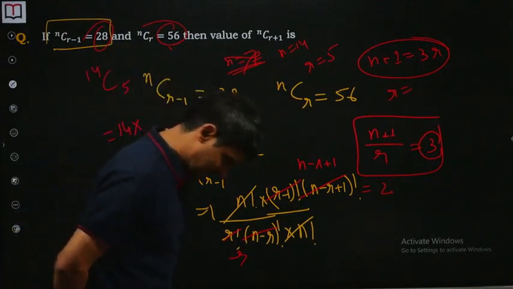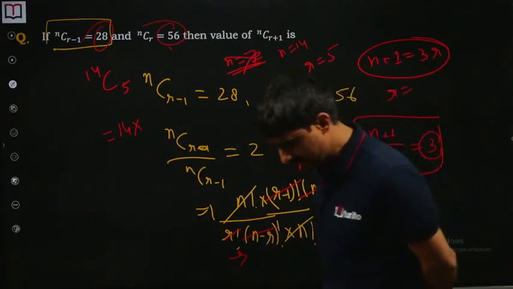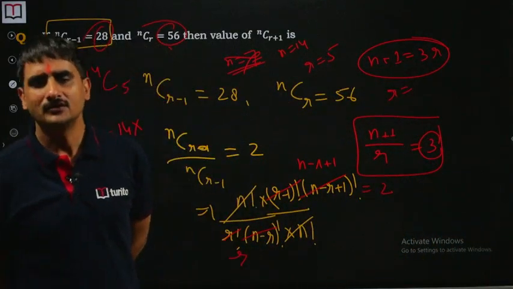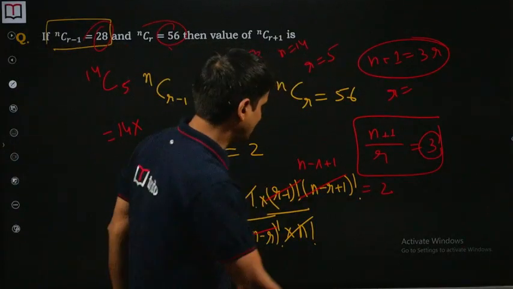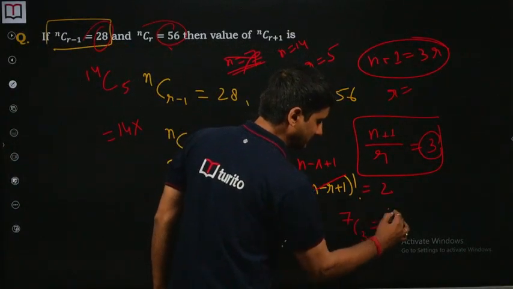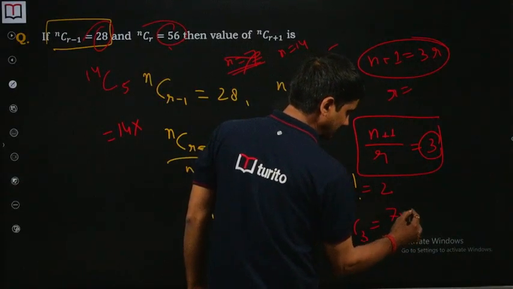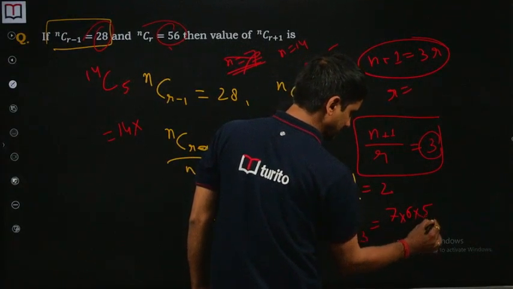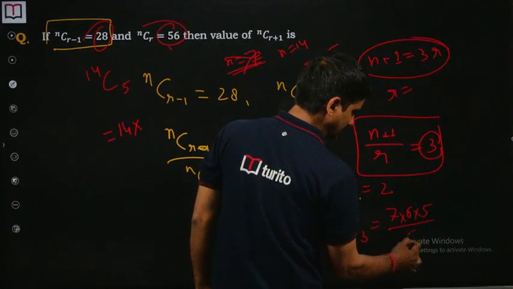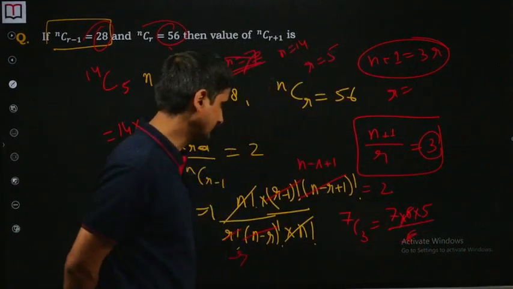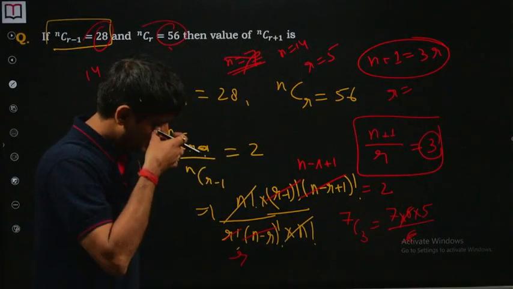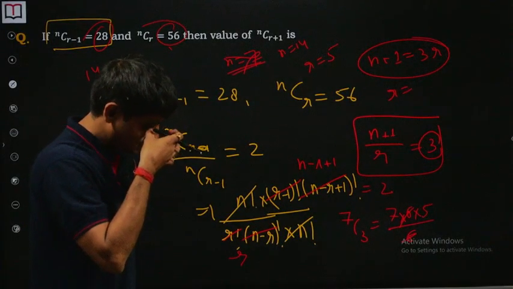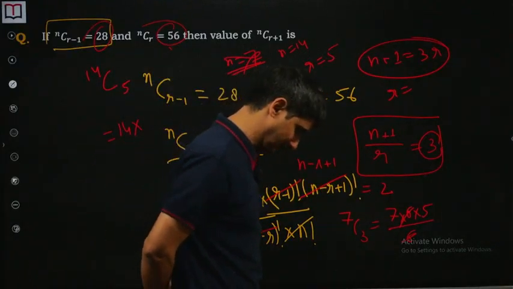If we go for 7C3, 7 into 6 into 5 upon 6, 35. So 7C4 will be the same thing. 7C2 will be 21. Don't we get 28?